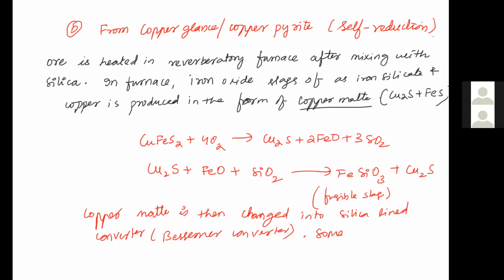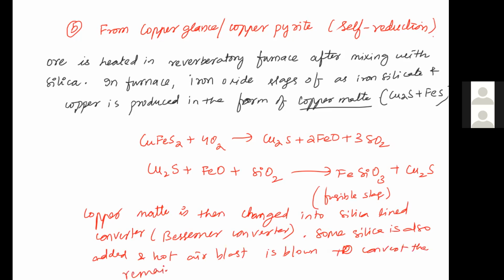Some silica is also added. And hot air blast is blown to convert the remaining FeS, FeO, and Cu2S and Cu2O to copper. I'll write the reactions. But what happens in the reverberatory furnace?